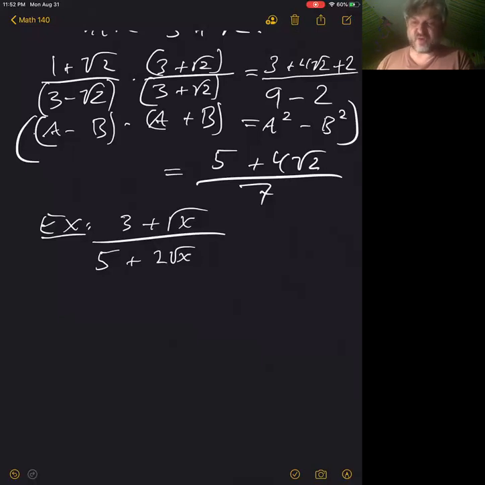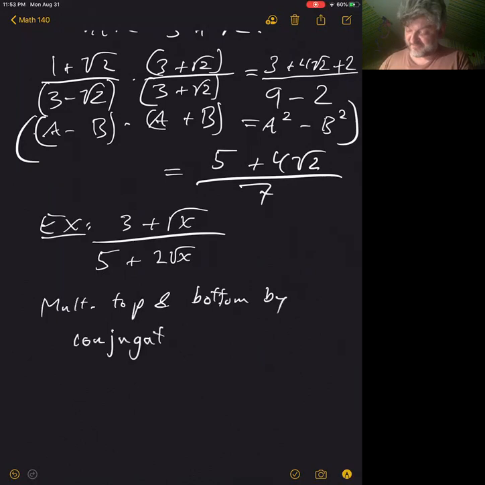We multiply top and bottom by that conjugate of the denominator, which is 5 minus 2 times square root x. You replace the sign in front of the square root by the opposite.